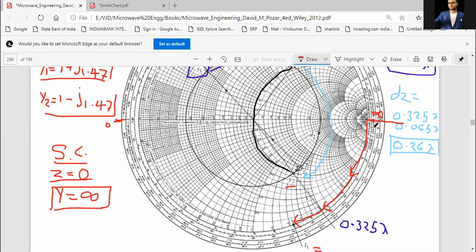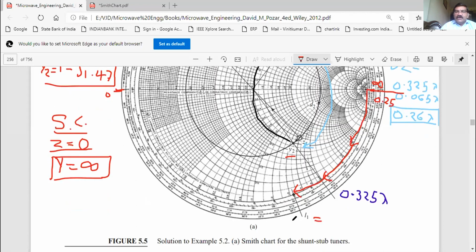So here 0.25 is the value, and you have to reach till L1. So from this point to this point will be your L1. Tell me what will be your L1.